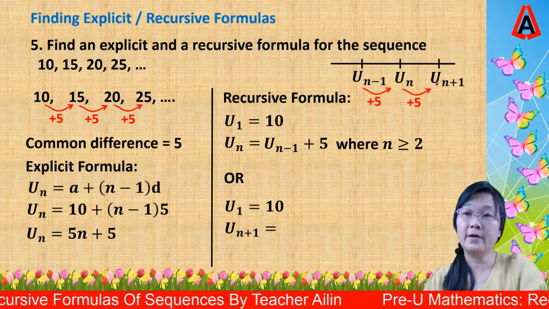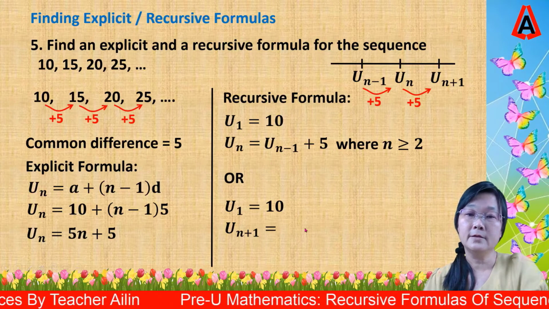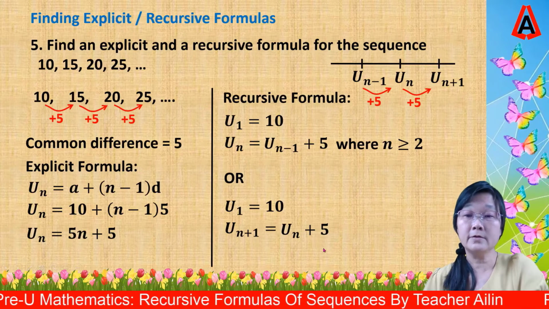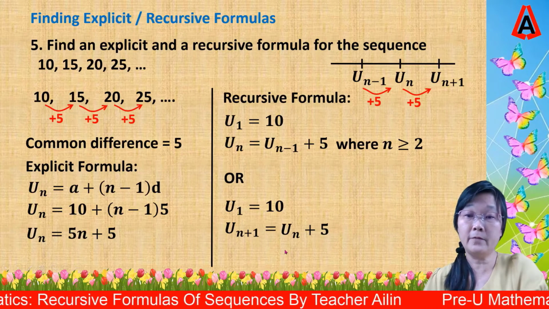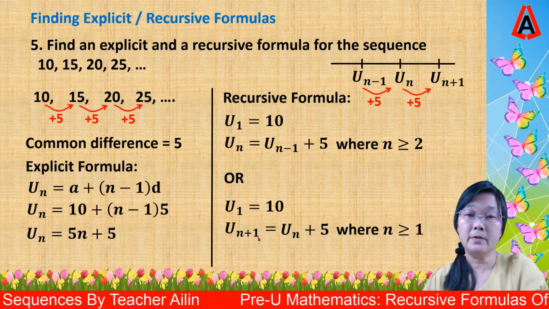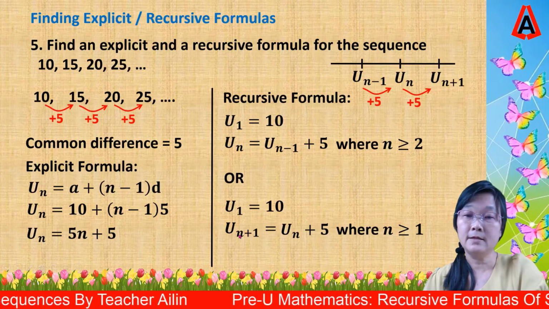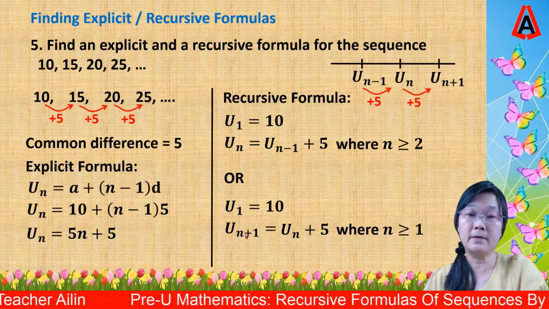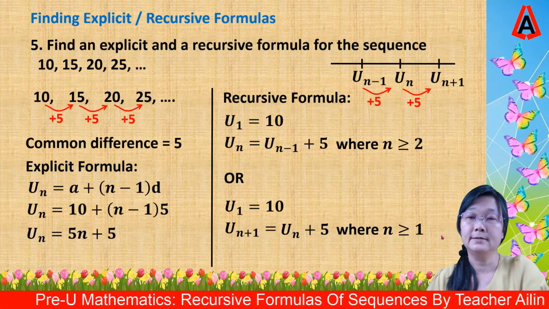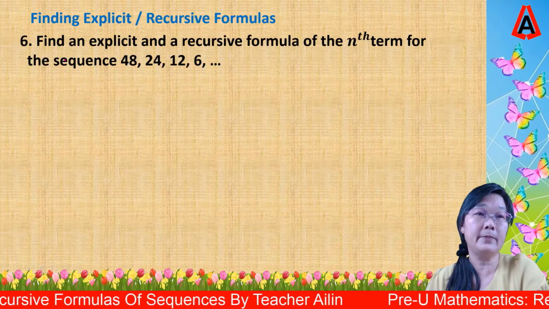So Un plus 1 equals Un plus 5. This one also can be considered as the recursive formula, and the only different thing is for Un plus 1, for the second term U2, n is equal to 1 because 1 plus 1 is 2, so n starts from 1.